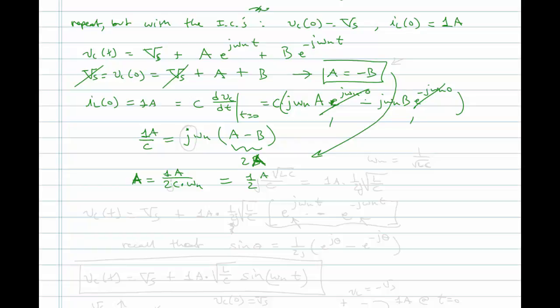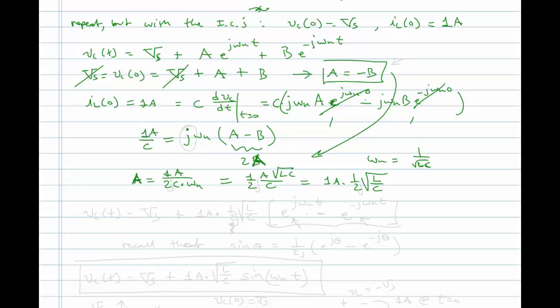A, and then what do we have down here? We have C, and remember omega n was equal to 1 over square root of LC. Right? So let's put that in, and that'll put LC up here. So I have 1 amp times 1/2 square root of L over C, if I pull that other C in. Okay?